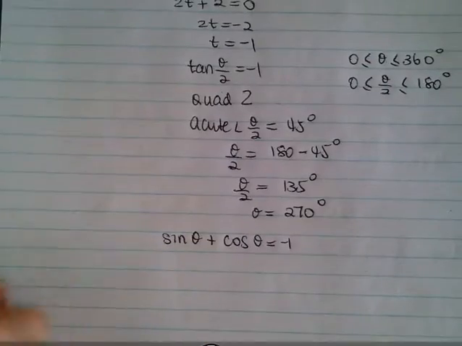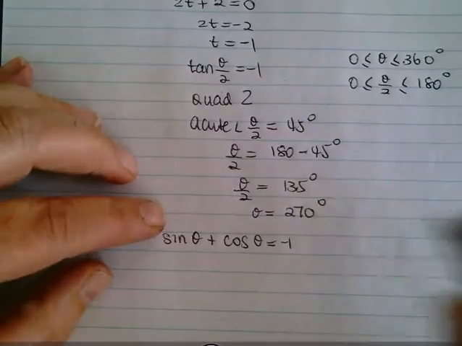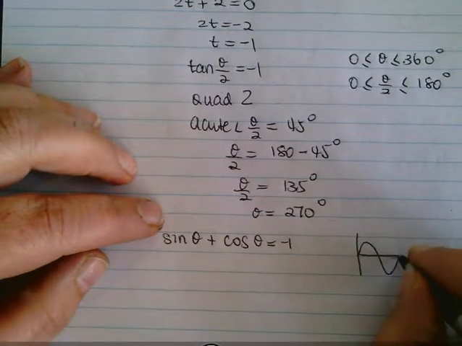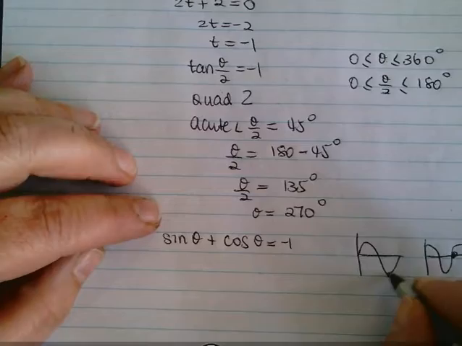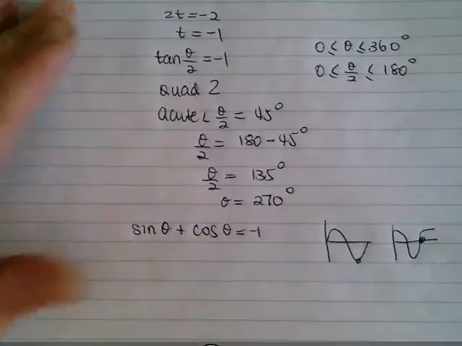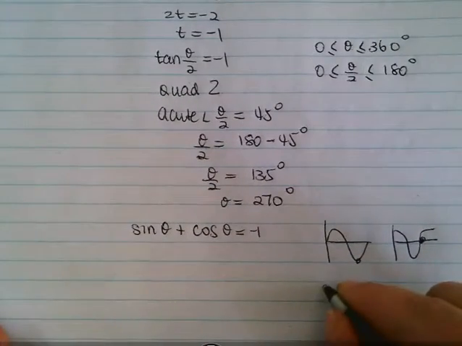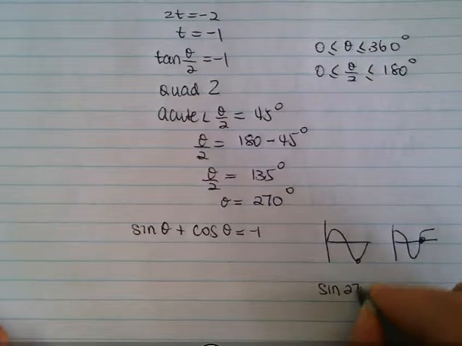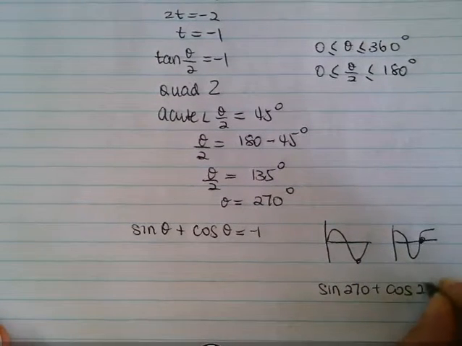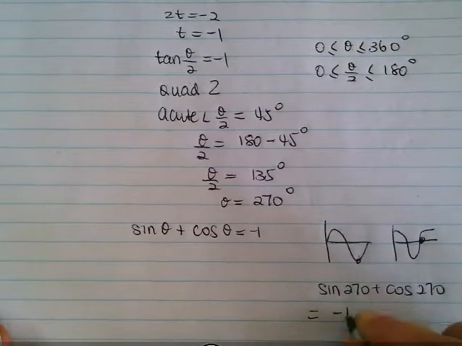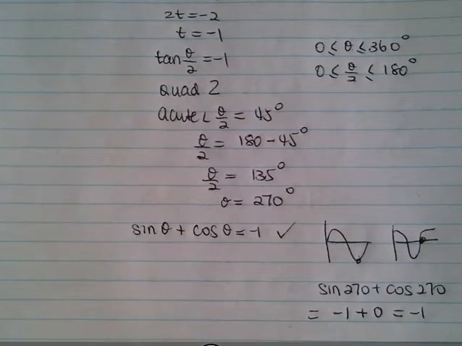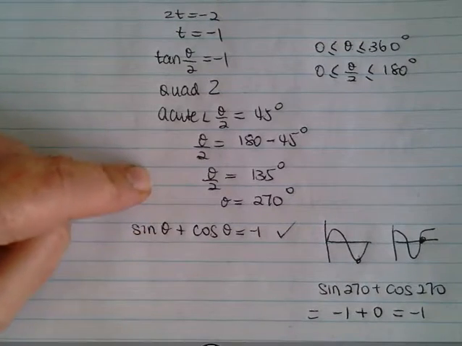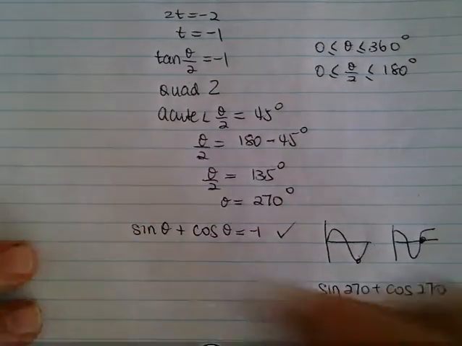We know that 270 will work, but I'll just have a quick look at sine and cos of 270. I've just marked where they are. Sine of 270 plus cos of 270 is negative 1 plus 0, that equals negative 1. We knew that was going to work because that's what we got for our working. But if you ever want to check your answer, you can.